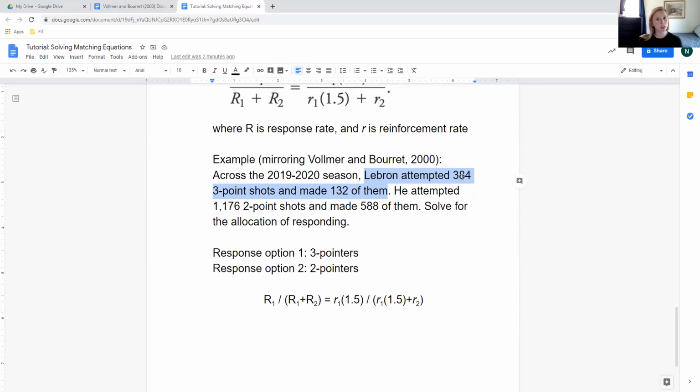Recall that the first thing we want to do is calculate the reinforcement rate. When we're looking at response rate, we're going to use these numbers of 384 and 132. And our unit there would just be per season.